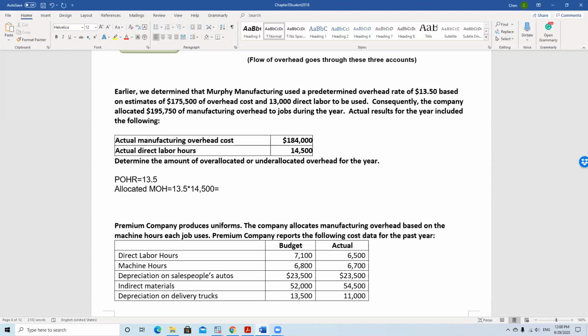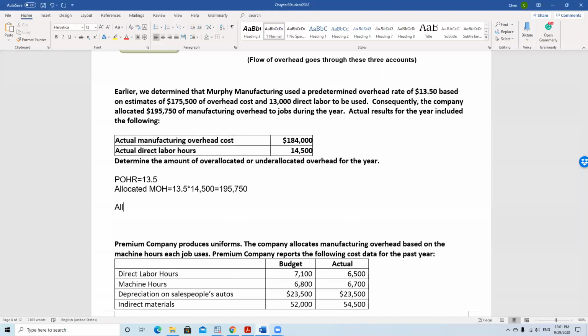I'm sorry. The information is given in the question. So this is allocated. It says the company allocated this amount, and then we have to compare that to the actual.